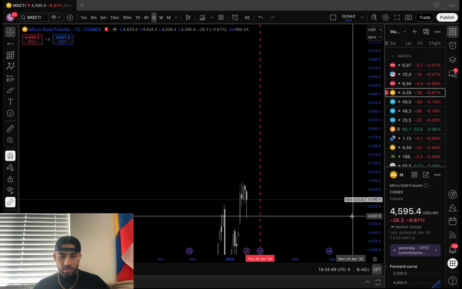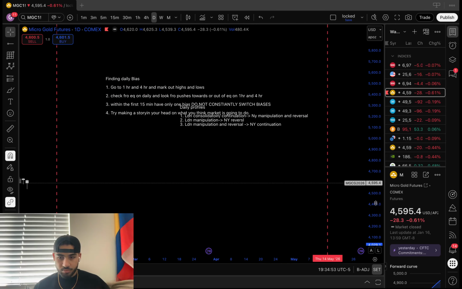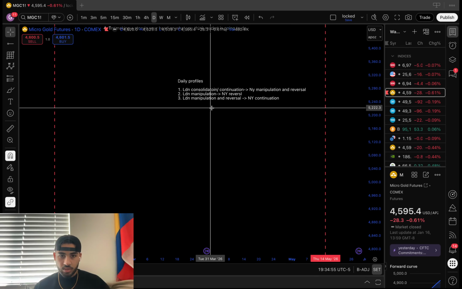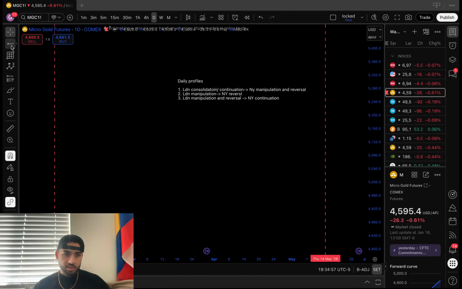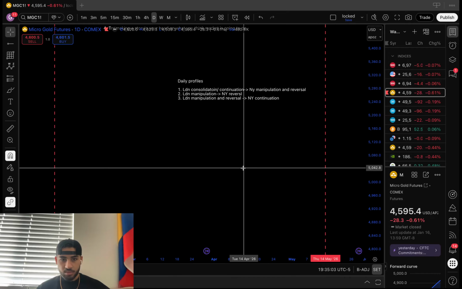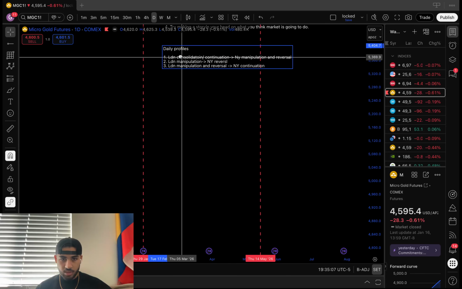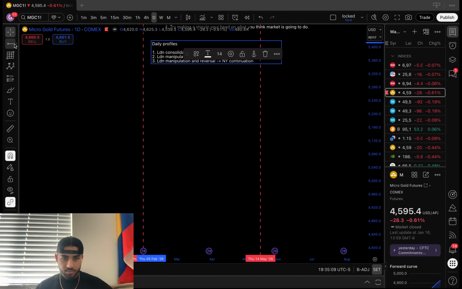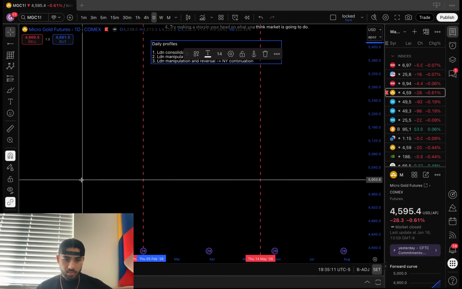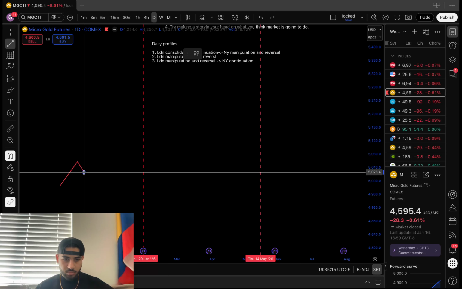Daily time frame. Let's see what we got. Last one is London manipulation, reverse under continuation. Nice. So this one would look like, say Asia like this.